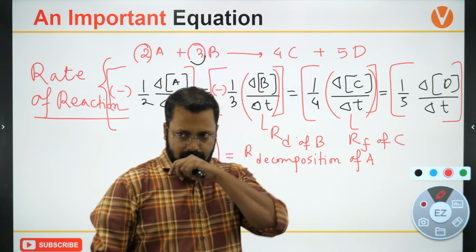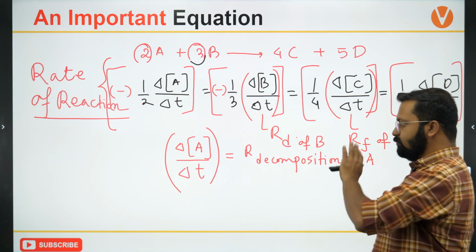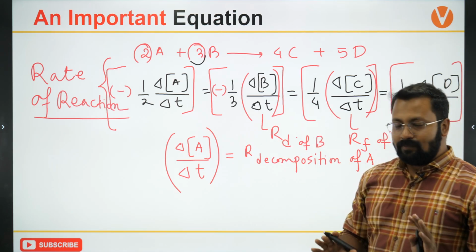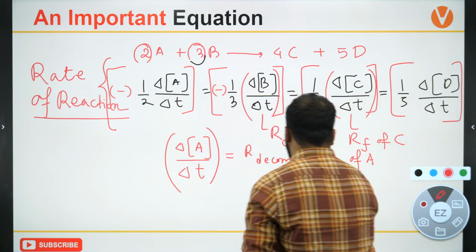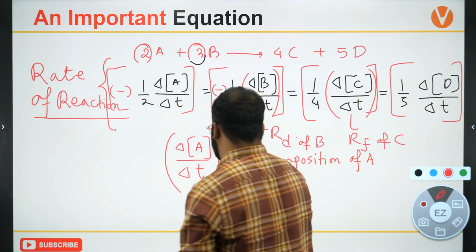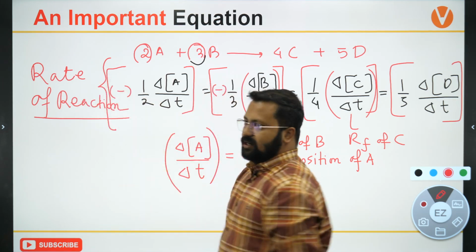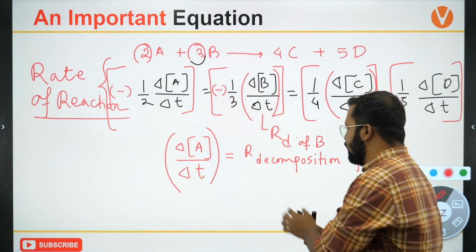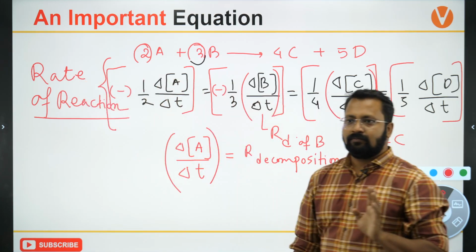Now remember, rate of formation and rate of reaction may or may not be equal. Rate of decomposition of A is twice of rate of reaction. Can I say this?